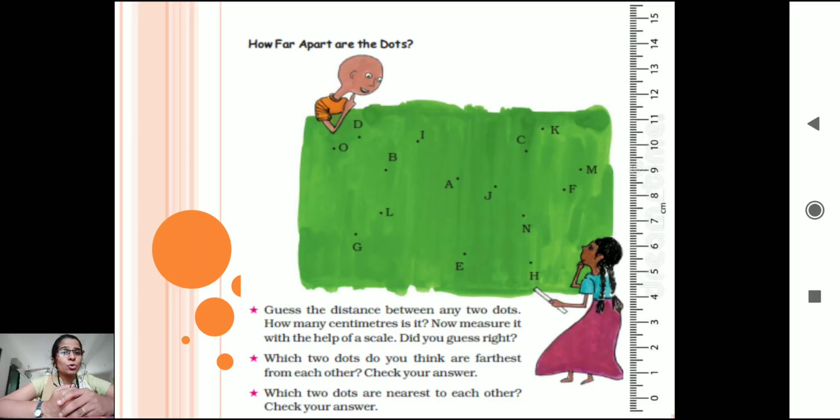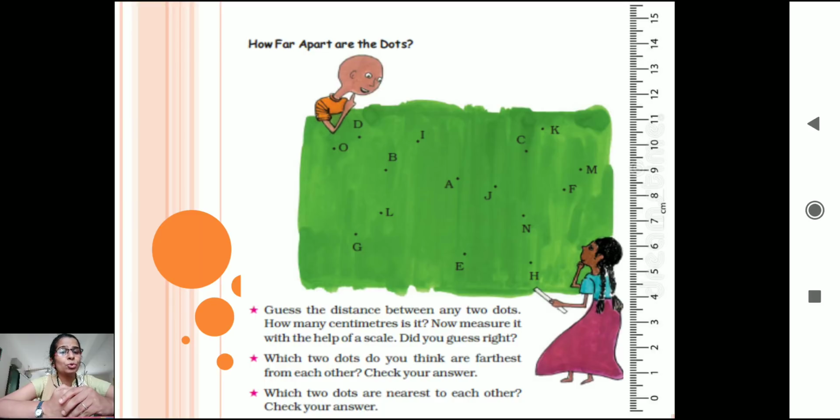Now, both these friends are also thinking about such things only. So, you might have guessed correctly what we are going to learn in this chapter, that is, how far or how long a distance these dots are or how short a distance it is, and we will be using different units of measurement. Like the small objects we saw in the first chapter, we measured the brick using our scale, right?